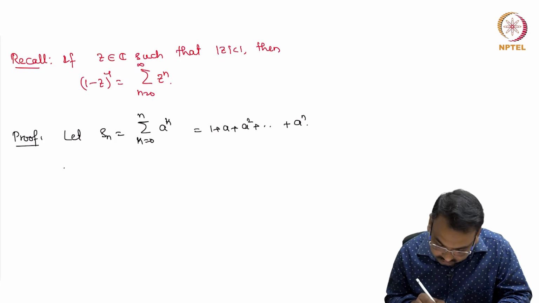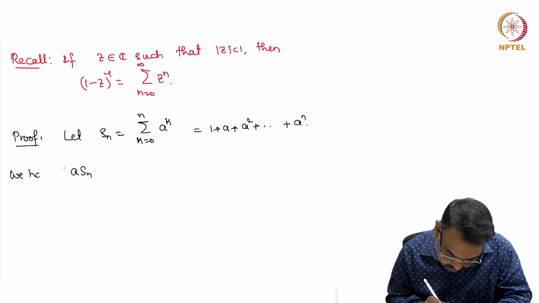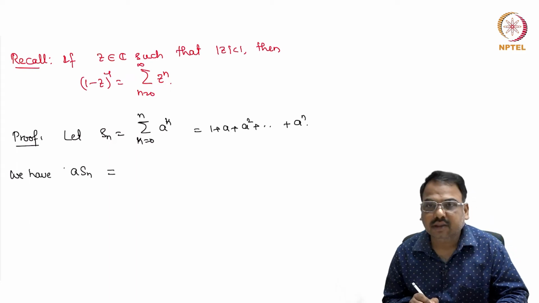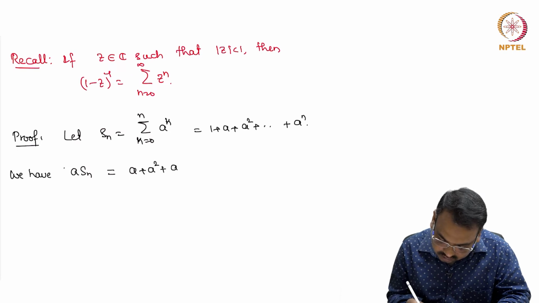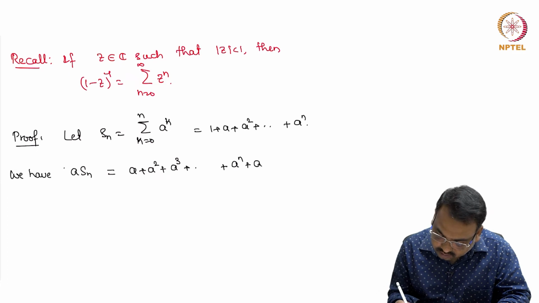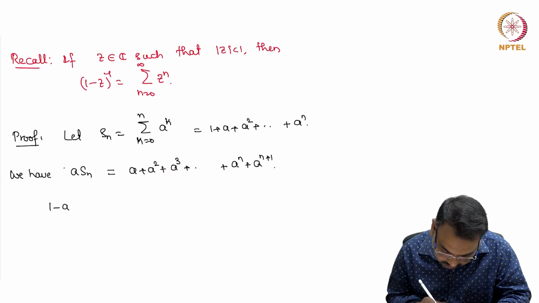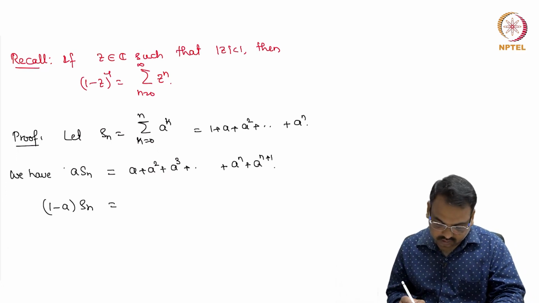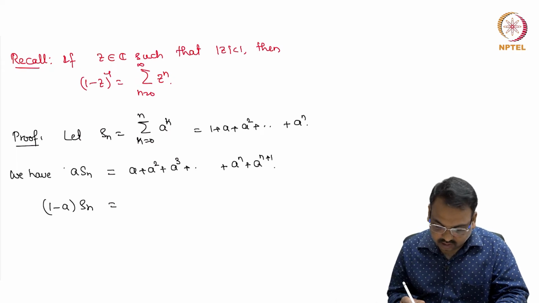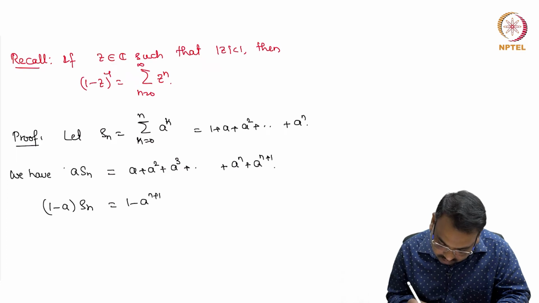If you look at a into Sn, that is a plus a square plus a cube and so on up to a power n plus 1. So if you look at (1 minus a) into Sn, that is Sn minus a Sn, we will get 1 minus a power n plus 1.